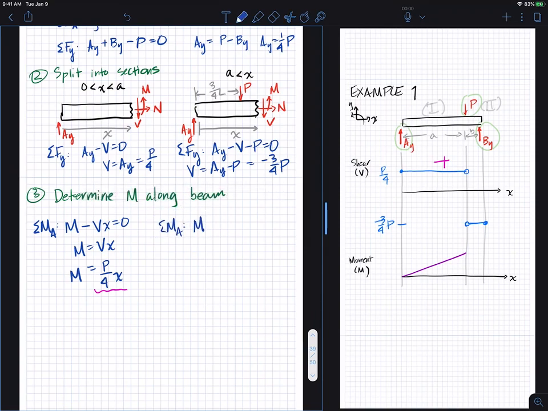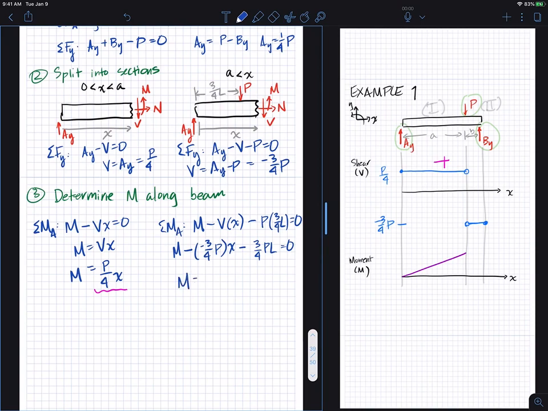So we have M minus V times its moment arm X. And then we have P, which is also a negative moment, P times its moment arm 3/4 L equals 0. Right, so we can substitute. We know shear now on this side is negative, so M minus, just have to be careful with our signs here, minus 3/4 P times X minus 3/4 PL equals 0.